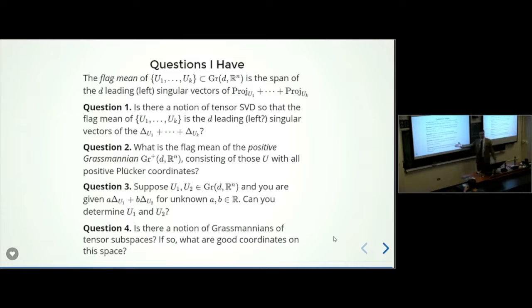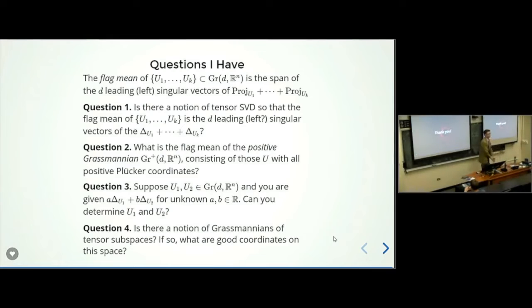And maybe there's an easy answer to this question, but the question that occurs to me is like, we have tensor spaces, according to James at least, and you have tensor subspaces, right? What's the moduli space of those things? Does it have interesting geometry? Can you find good coordinates? And would that maybe be helpful in certain settings? So, thanks.